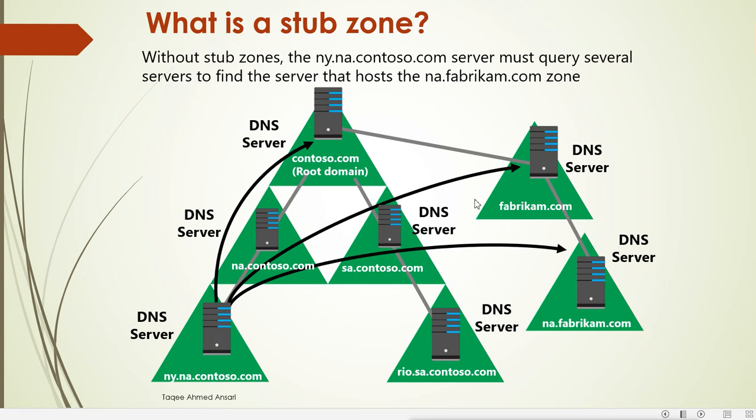We can do it for an internet domain also. For example, this is our domain, ny.na.contoso.com, and from here we are connecting to a different domain. For example, we go to Gmail or Google or Hotmail every time.